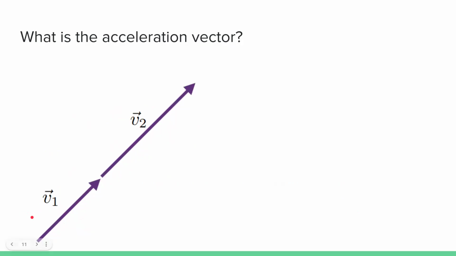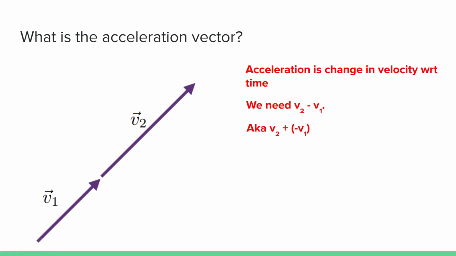So what you do when you're subtracting vectors is you still add them, but you just add the negative. So these two things mean the same thing. We just changed it to where we're adding a negative. And the reason we do that, if you don't remember, is because the steps that we use are applicable for addition, not subtraction.